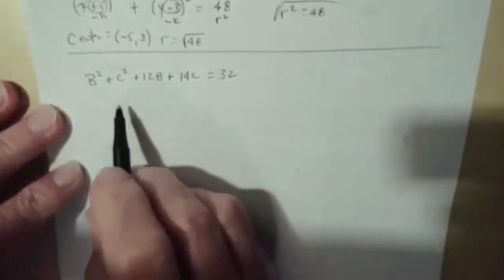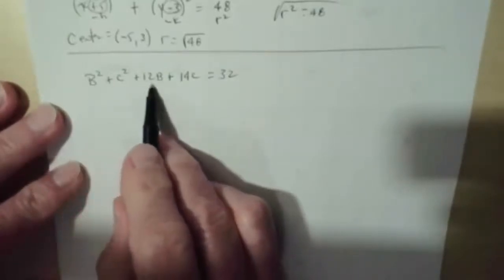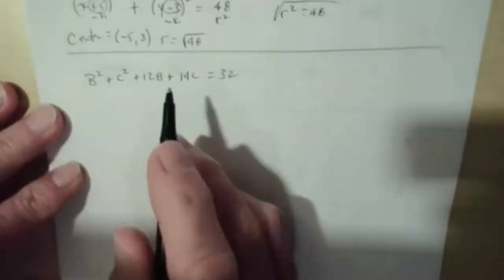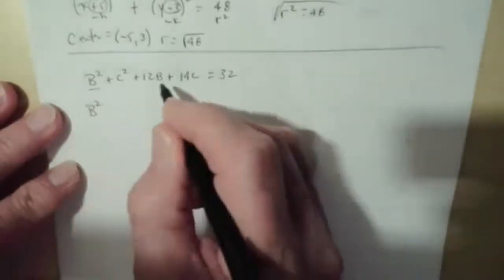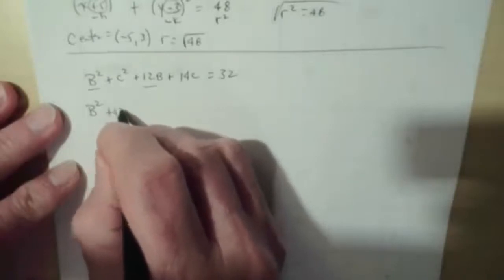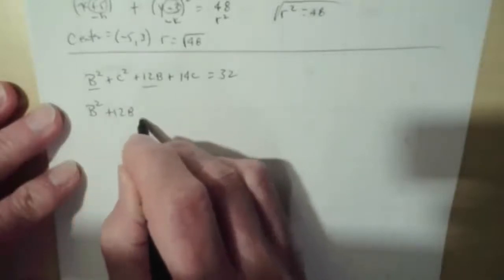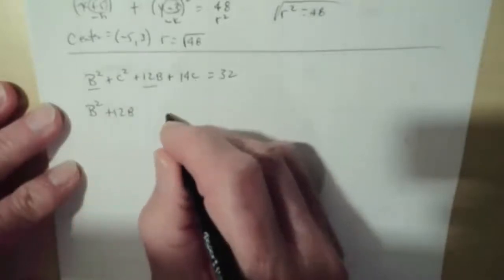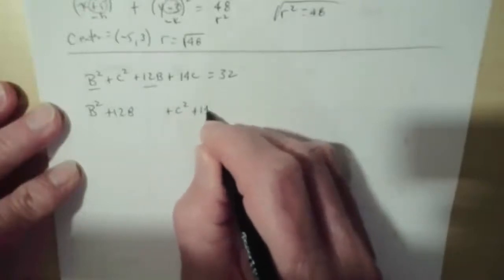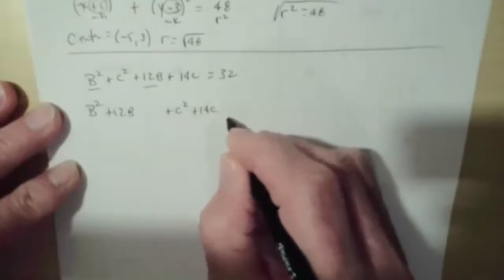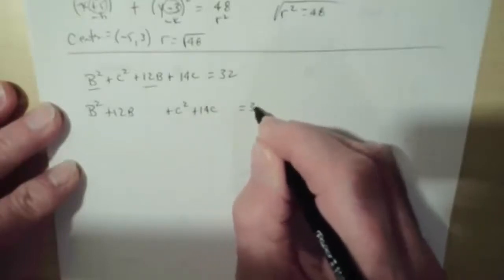Okay, we're going to group the b's together and group the c's together. So we have b squared plus 12b, skip a little space to complete the square, plus c squared plus 14c, skip a little space to complete the square, equals 32.